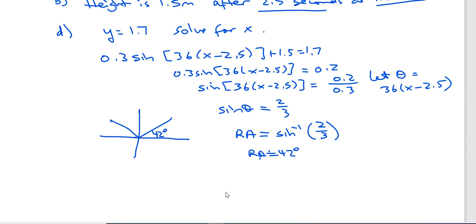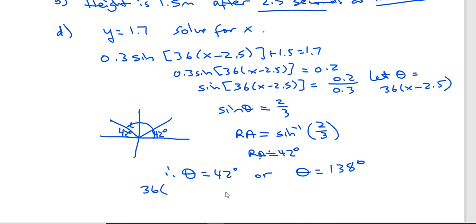So I've got 42 degrees in quadrant 1 and 42 degrees in quadrant 2, which tells me that theta equals 42 degrees, or theta is equal to, measuring in standard position, 180 degrees minus 42 degrees, which is 138 degrees.